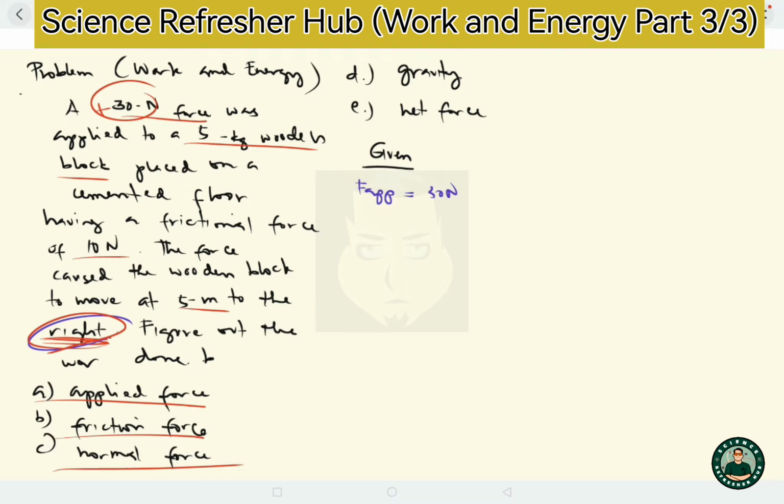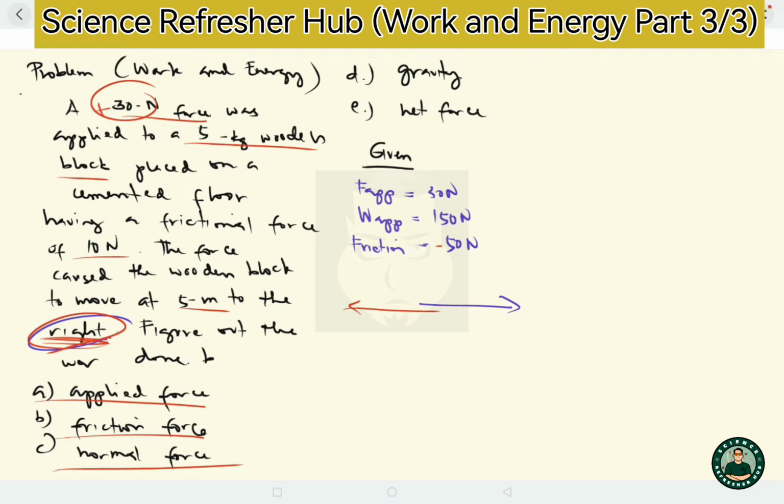We have the work done by the applied force, that's 150 joule, positive, the same direction of the force and the displacement of the block. We have the friction calculated earlier, and that's going to be negative 50 joule. And don't forget, it's a negative work because the friction is going in that direction and our displacement of the object is going to the right.